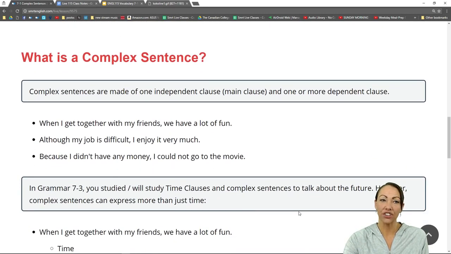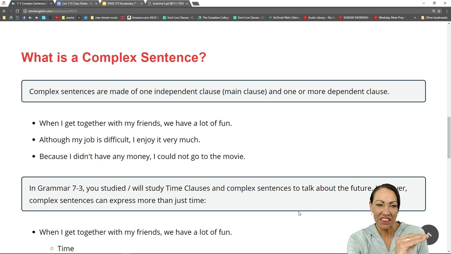So going down in total, once more. What's a complex sentence? Complex sentences are made up of one independent clause, and that's our main clause, and one or more dependent clauses. Now these sentences make sense because they've continued on and created a full, complete idea.